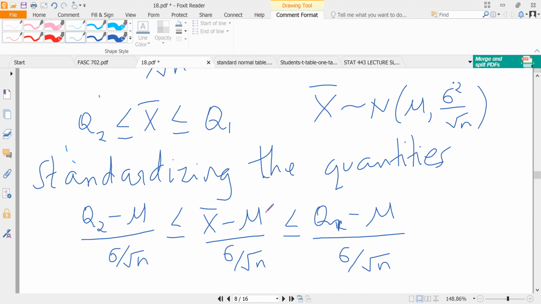We are going to use the sample quantities to estimate the interval within which we expect the population mean will lie. That means we have to do all mathematical operations to have an interval for the quantity mu.